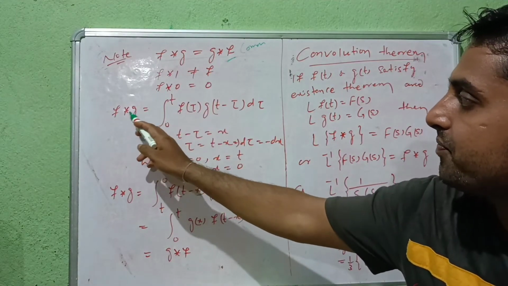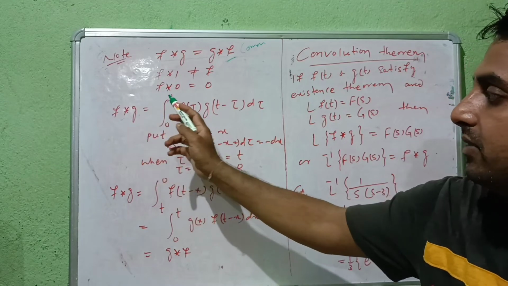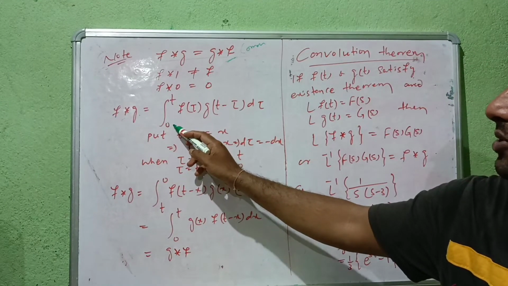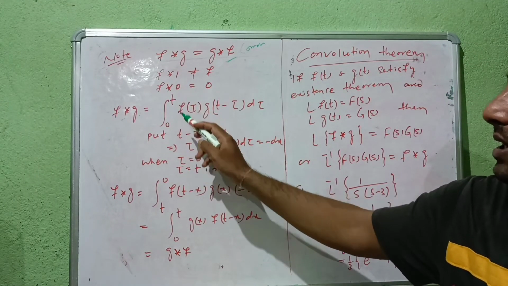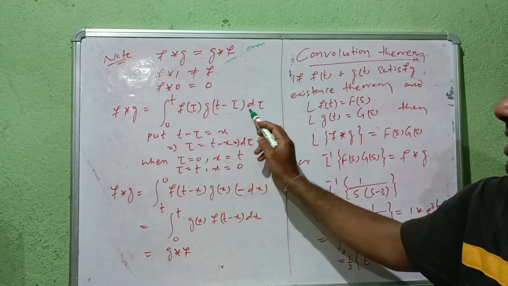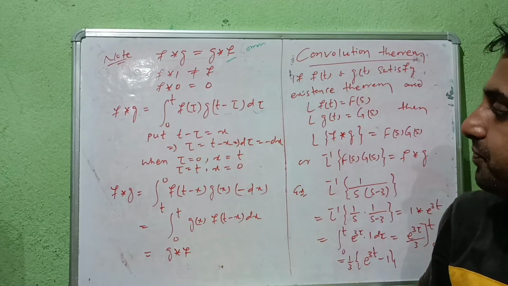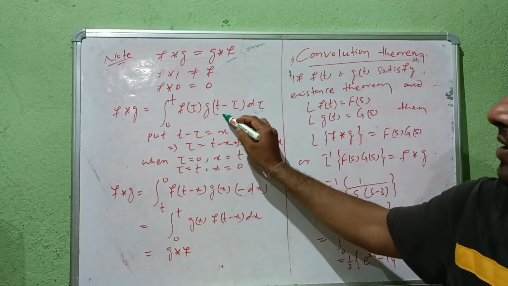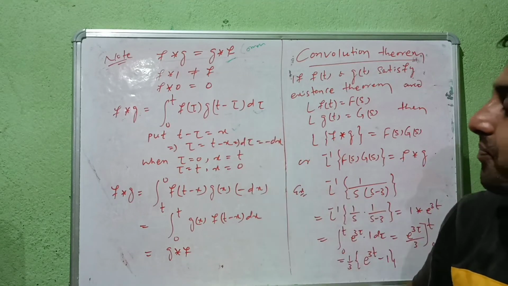F star g, convolution of f and g, by the definition we know that it is integration from 0 to t, f of tau g of t minus tau d tau. Now suppose we put t minus tau is equal to x.